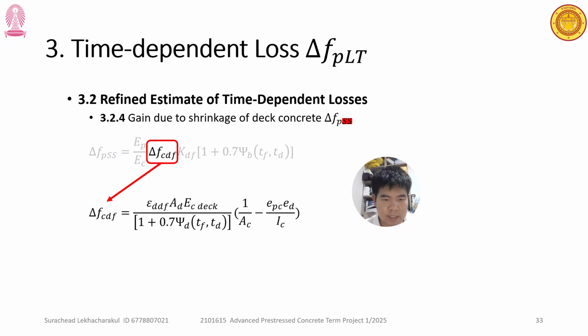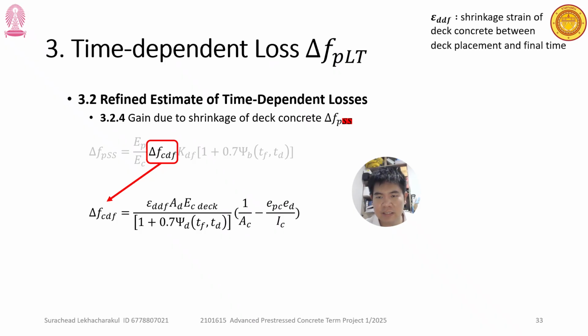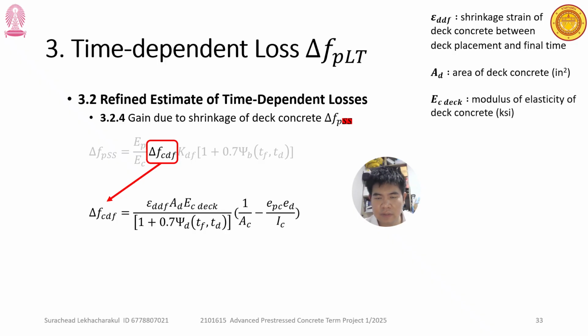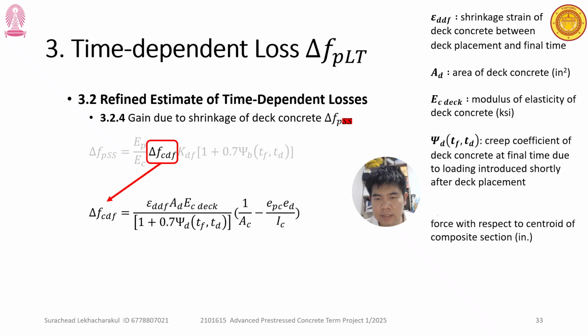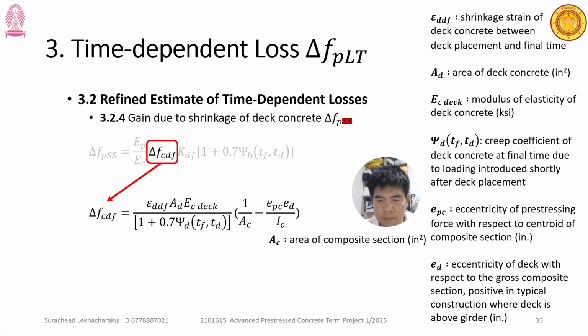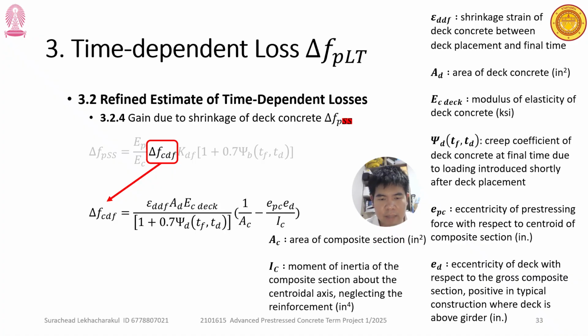But delta FCDF depends on many things: shrinkage strain, area of the deck concrete, modulus of elasticity of the concrete, psi d, EPC eccentricity of prestressing force, ED, and you will see AC and IC, the area and moment of inertia of the composite section.